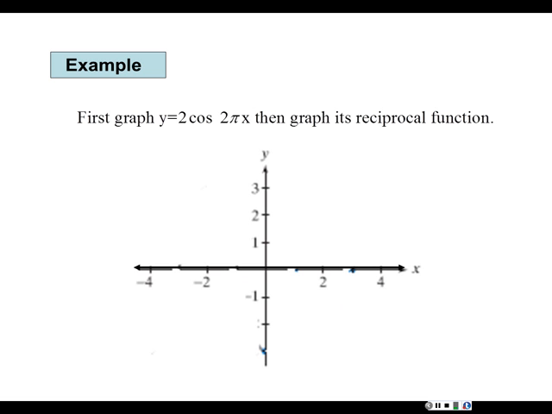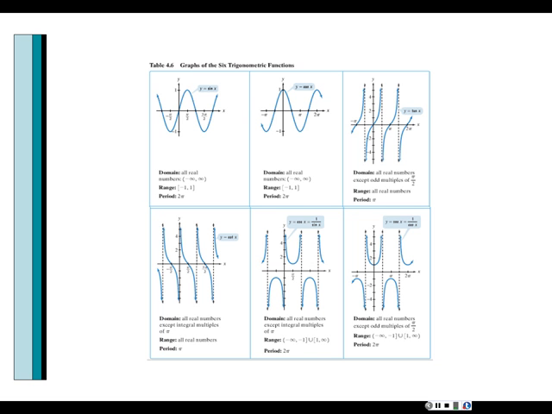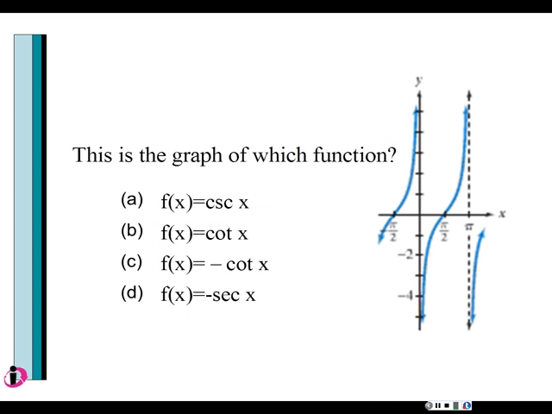So, here, these are all the 6 graphs we covered. Now, the first 2 graphs, the sine and cosine, we covered in the previous section. But the other 4 we covered today in this section. And let's see whether we can answer some of these questions just by looking at those. This is the graph of which function? Any guess?